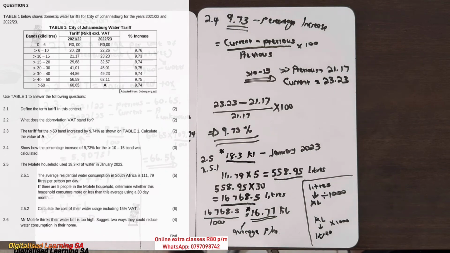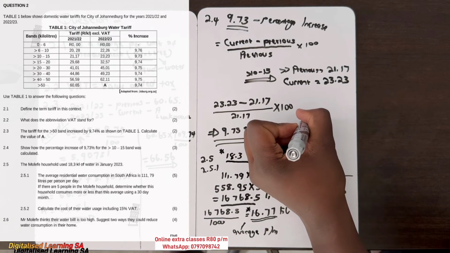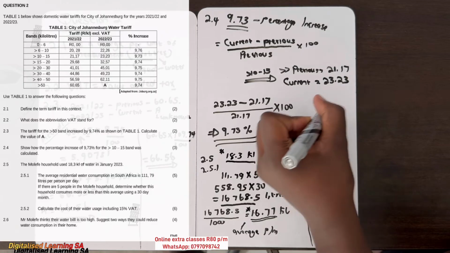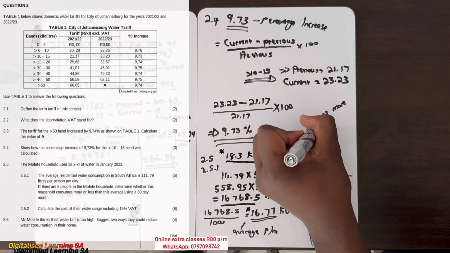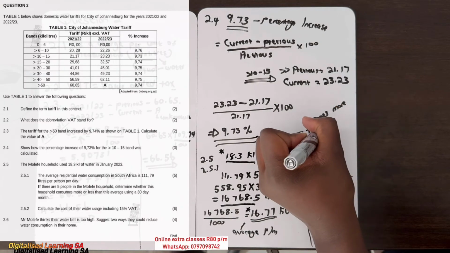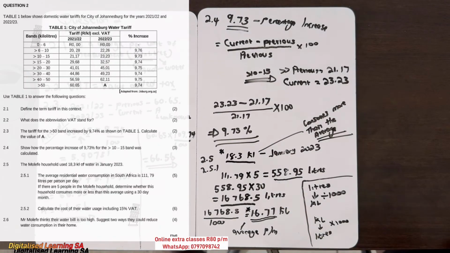So our answer should be they consume more than the average, because 18.3 is greater than 16.77.